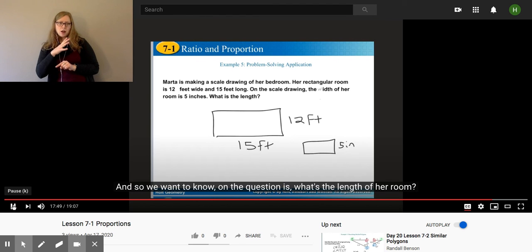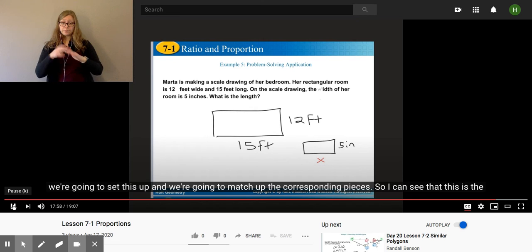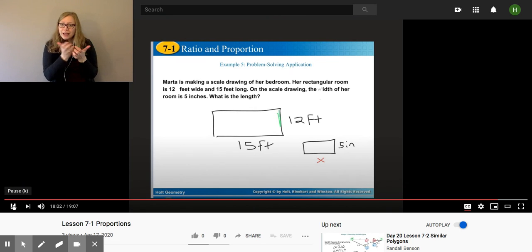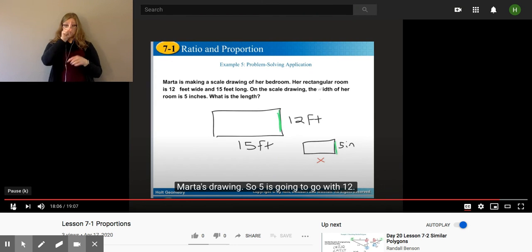And so we want to know, the question is, what's the length of her room? So we want to know what this length is. And so we're going to set this up, and we're going to match up the corresponding pieces. So I can see that this is the width of the actual room. Here's the width of Marta's drawing.